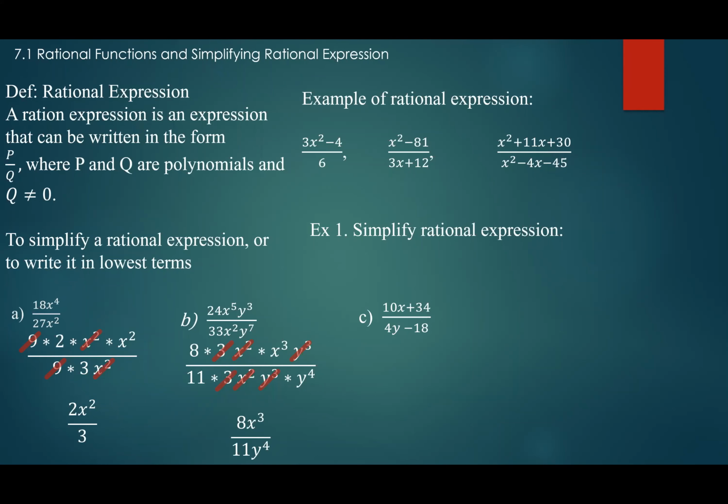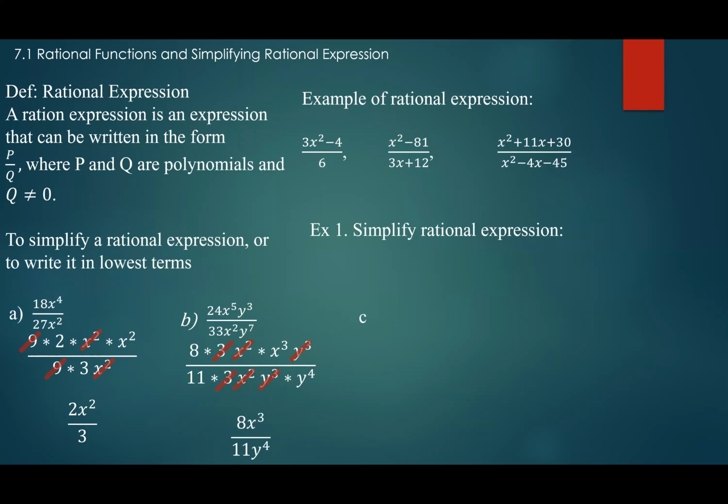So if you don't have a question in A and B, where you have a monomial over a monomial, I forgot to mention that if you have a monomial over a monomial, you can pick and choose. As you can see right here, in A and B, I can pick and choose what I can cancel out.